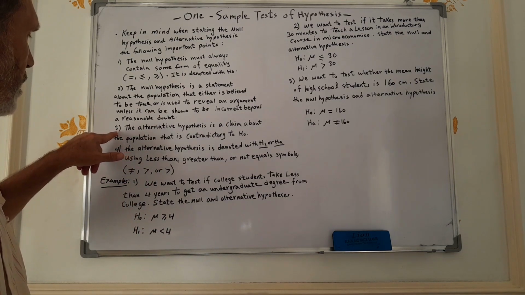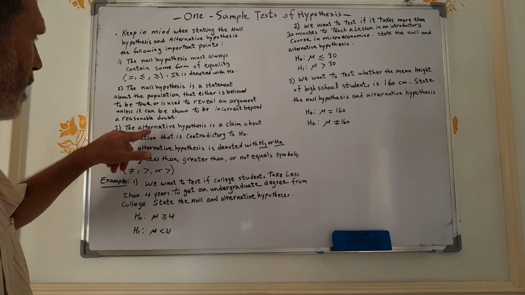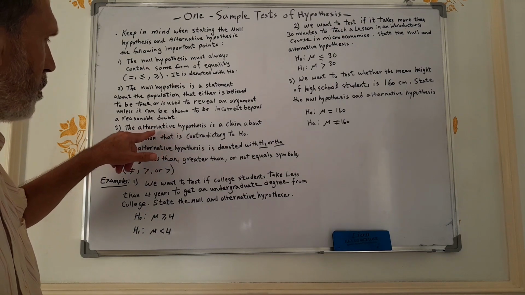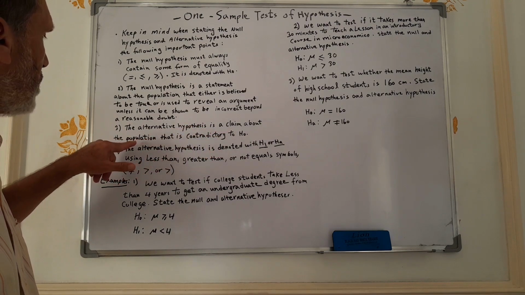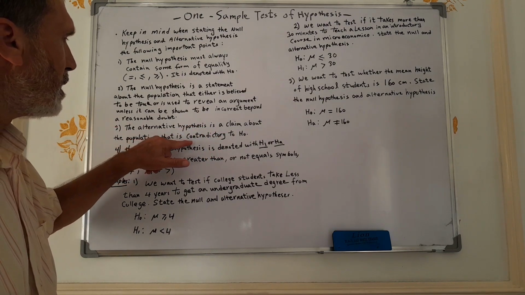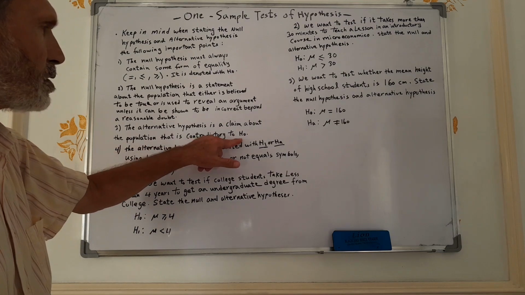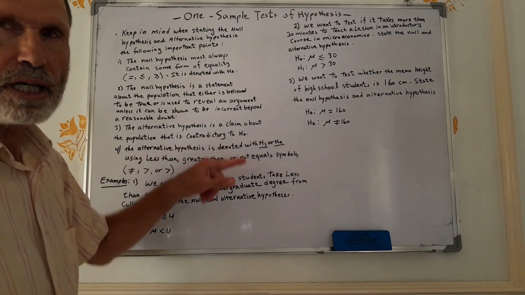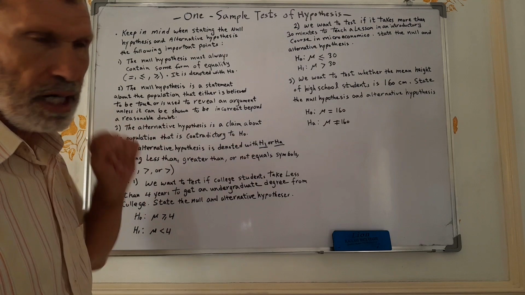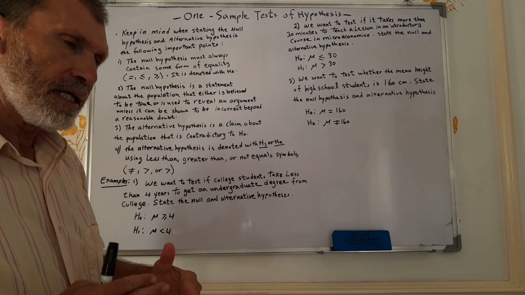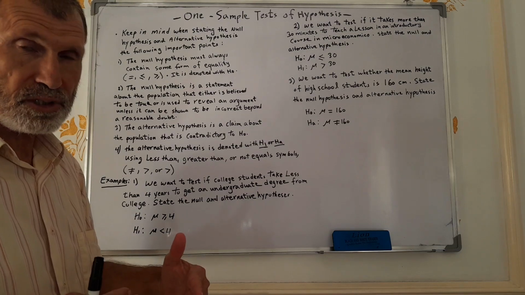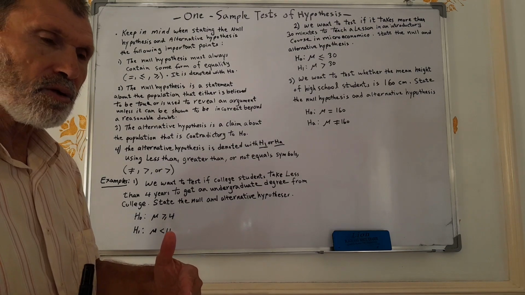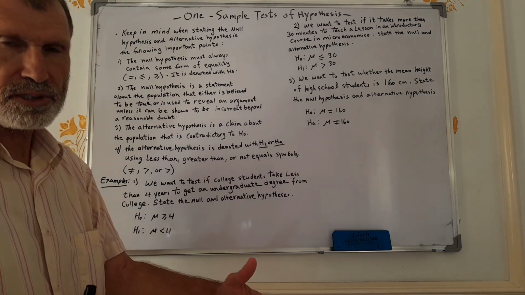The third point to remember is that the alternative hypothesis is a claim about the population that is contradictory to H sub 0, the null hypothesis. When we state the alternative hypothesis, it is in negation to the null hypothesis.